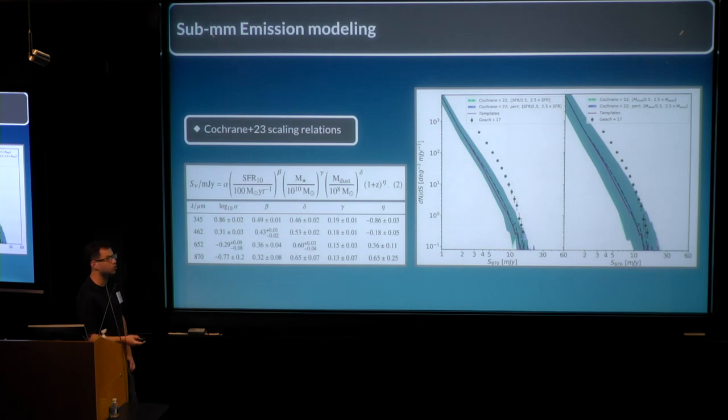And I'm not proud of this plot. It compares the number counts with observations: how many galaxies with a certain submillimeter flux density we have per beam, compared with observations. So we cannot match the observations very well, but this is still an unsolved problem in the literature.